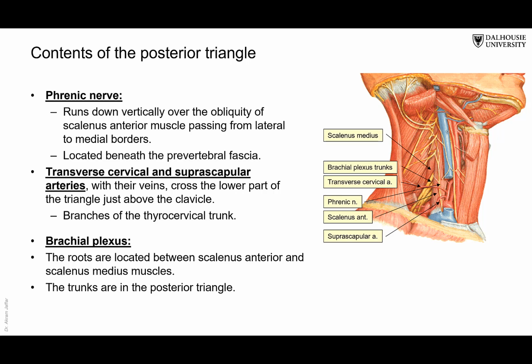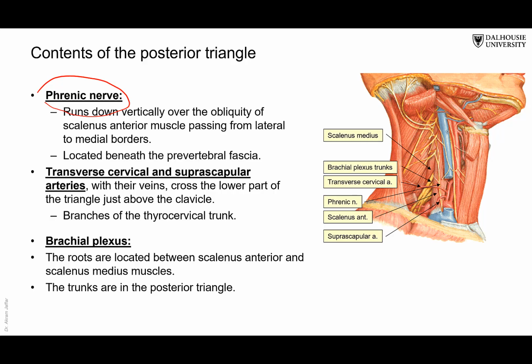Now, in the posterior triangle, the other nerve that we have here is the phrenic nerve. You have studied the phrenic nerve before, and so now, if I am going to talk about the phrenic nerve, I'm going to say that it is a branch of the cervical plexus, because it is C3, C4, and C5, mainly C4.